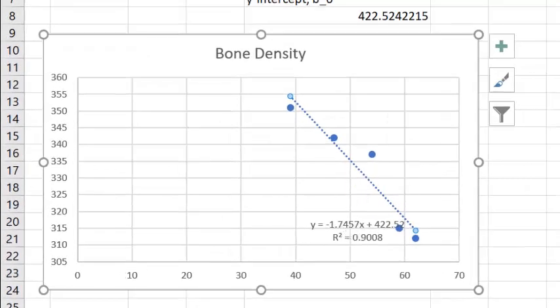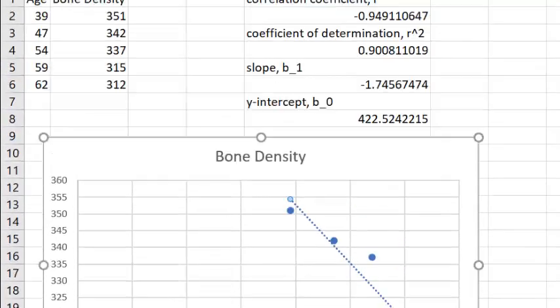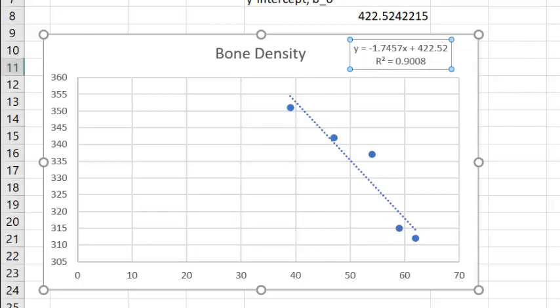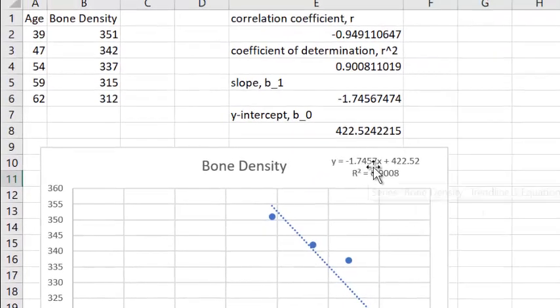So when we do this, do you see that? Let's see if I can move this up here. We are also here given our slope, our y-intercept, coefficient of determination.